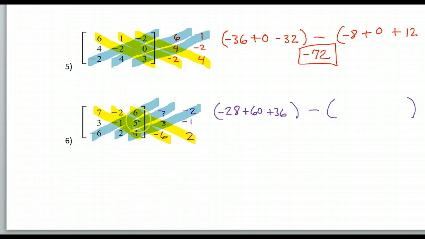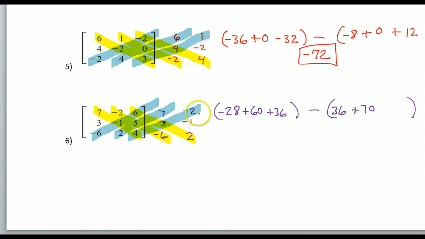Now my up diagonals. 6 times -6 is -36. Times -1 becomes a +36. So that's my first up diagonal. Now my second one. 2 times 5 is 10. Times 7 is 70. So that's +70.